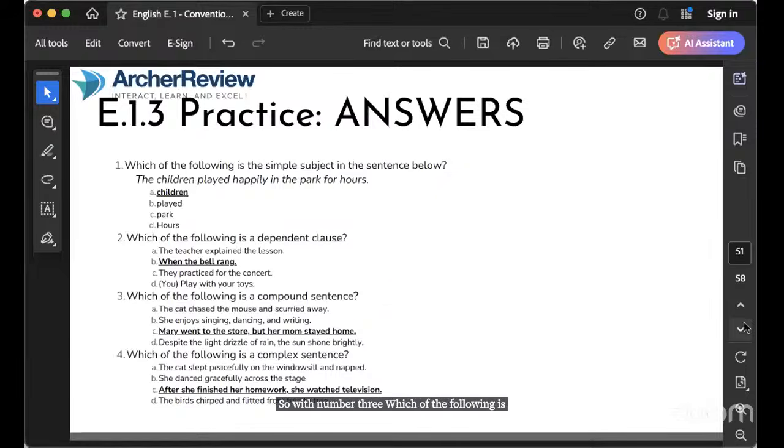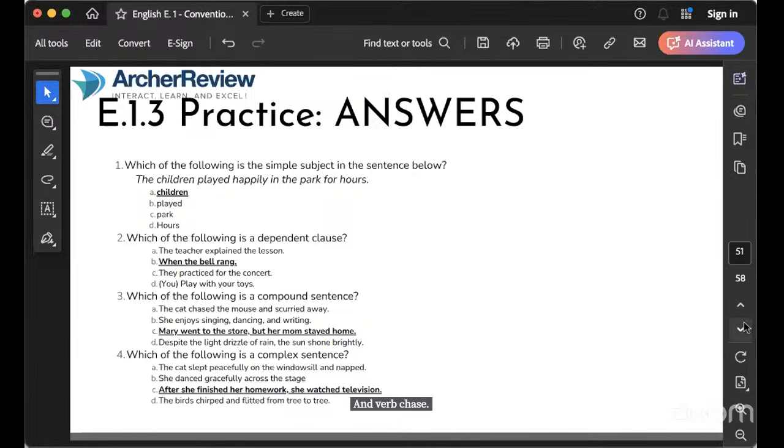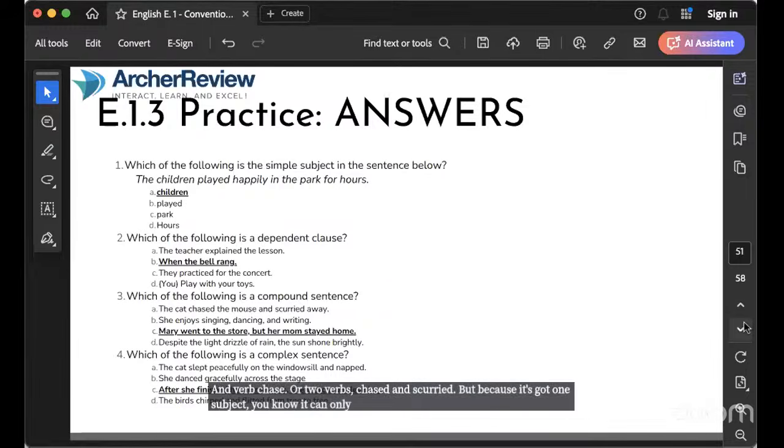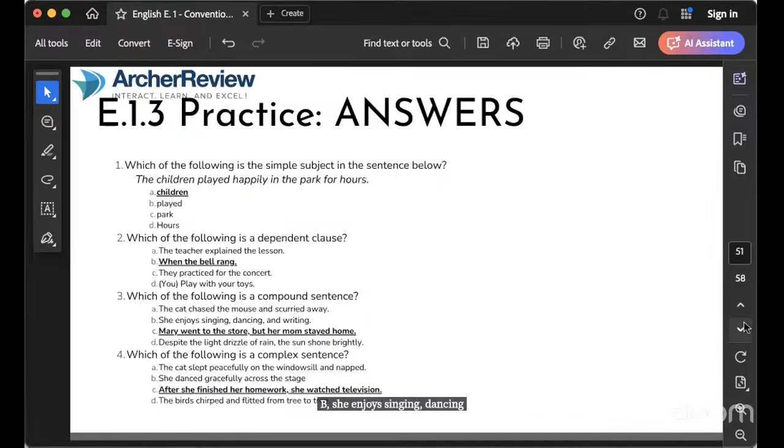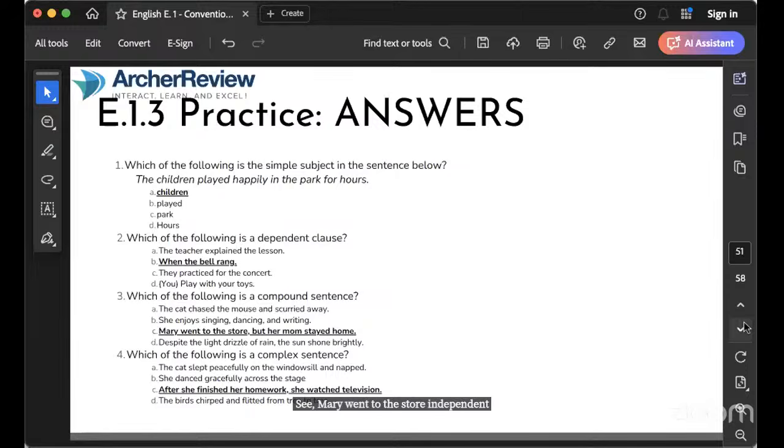A, the cat chased the mouse and scurried away. That would be a simple sentence because it's got one subject, cat, and two verbs, chased and scurried. But because it's got one subject, you know it can only be one independent clause. B, she enjoys singing, dancing, and writing. That's a simple sentence. It's just listing out different items. C, Mary went to the store, independent. Her mom stayed home, independent. So that's a compound sentence.